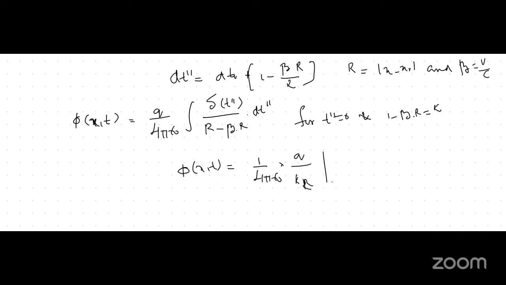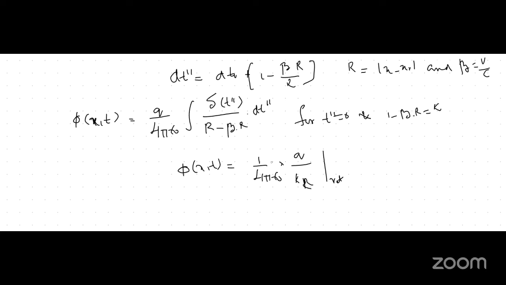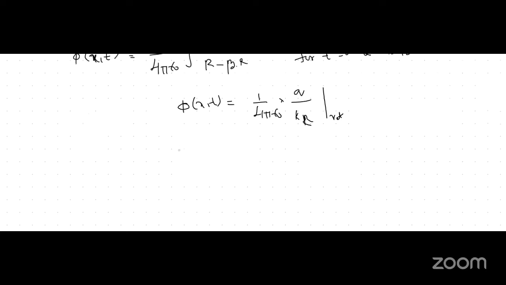Similarly, we can find the vector potential for the current density J equal to rho v, written as A of x comma t, which will be equal to 1 by 4 pi epsilon naught q by kr for the retarded potential.